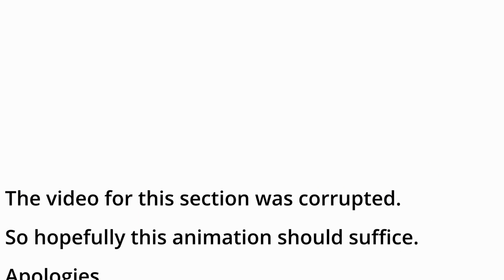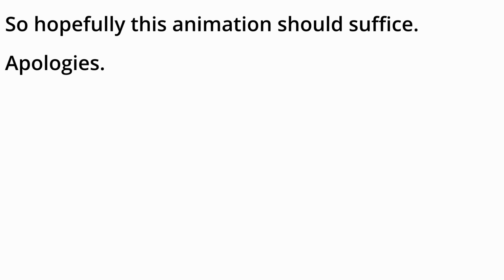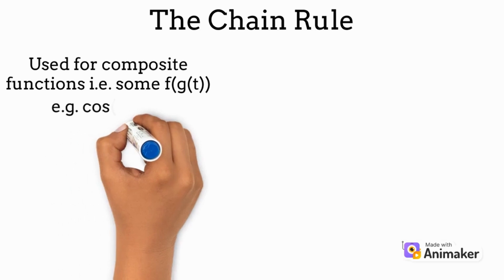Okay, so the final of the derivative rules that we'll go over, it's probably the most important in single variable calculus and multivariable calculus. It's key to understand this, and it's called the chain rule. It's really useful when we're dealing with composite functions. So when we have, say, f of g of t, for instance, an example of that might be the cosine of the sine of t.